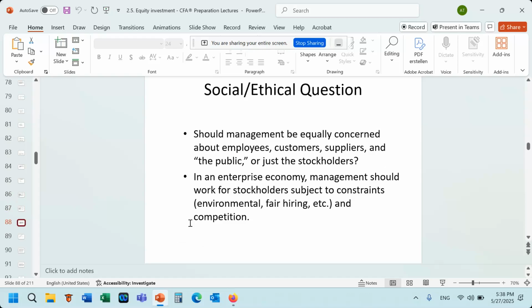So if you look at the old operation research and linear programming, mathematically it tells us you could have an objective function which is maximize profit, but we don't say maximize profit, we say maximize stock value. And then we say it's subject to a number of constraints that each stakeholder puts on the firm.